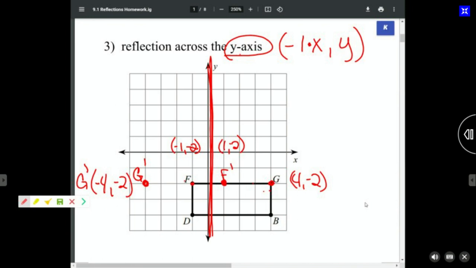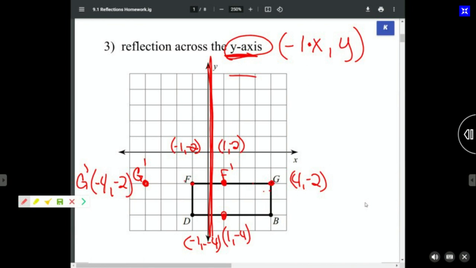D, -1, -4. So D prime, 1, -4. All of my y's are staying the same. I'm flipping over the y-axis, so all of those y's are going to stay the same.